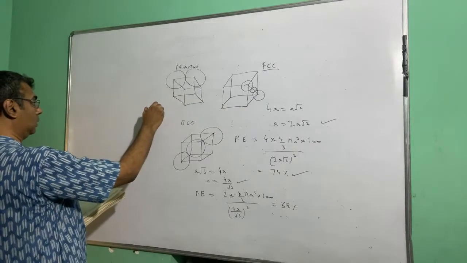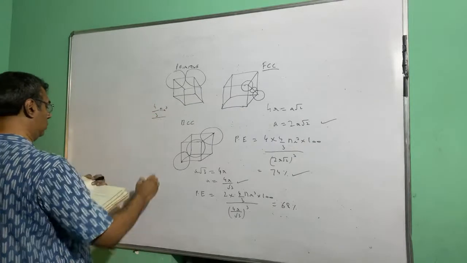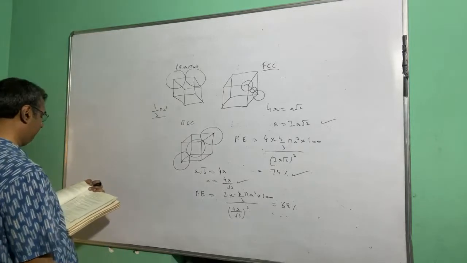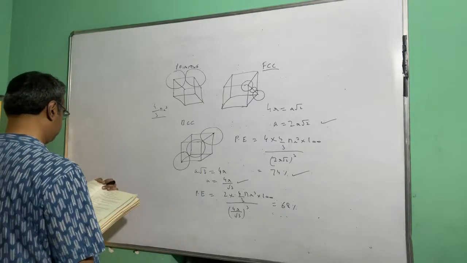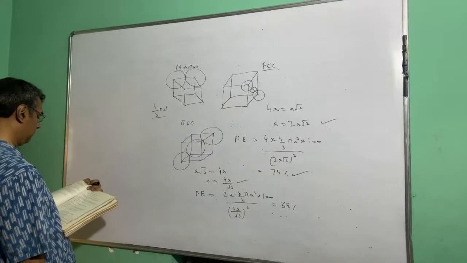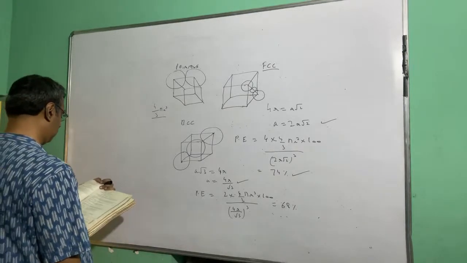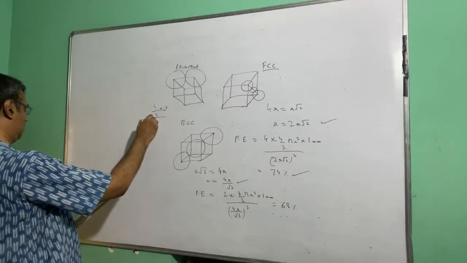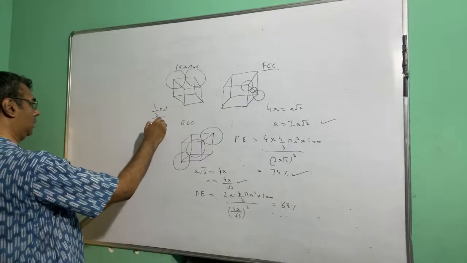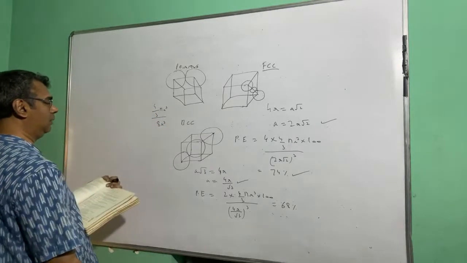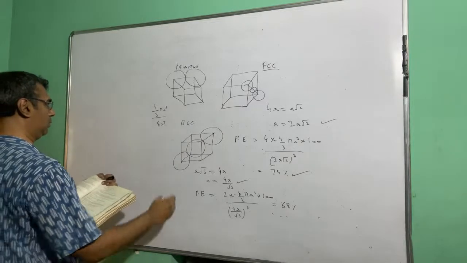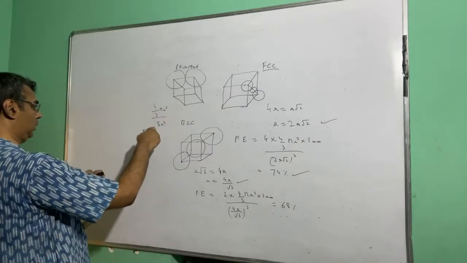So 4/3 pi r cube, there is only one particle per cell, so 4/3 pi r cube divided by the volume.